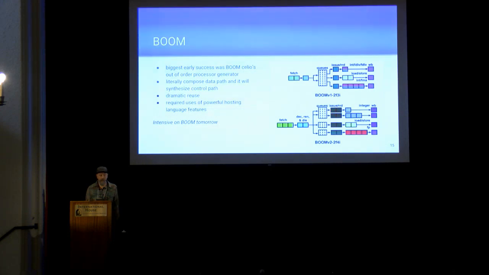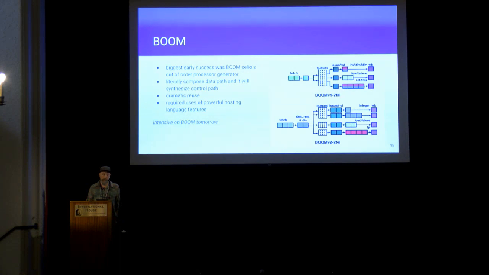The idea was that you could encapsulate the complexity of an out-of-order processor in a reusable fashion, where all the difficult and bug-prone elements could be captured in functions that would be parameterized by very high-level concepts like datapath elements, sizes, and widths, which was just unheard of in Verilog, and that really turned a lot of heads. We're going to hear more about BOOM; there's going to be an intensive on that tomorrow.